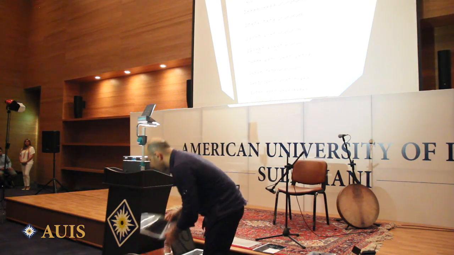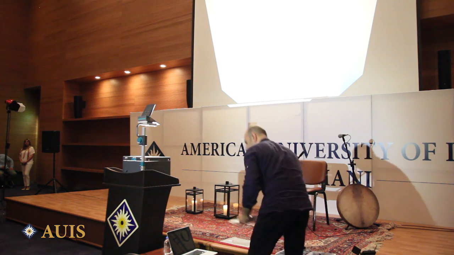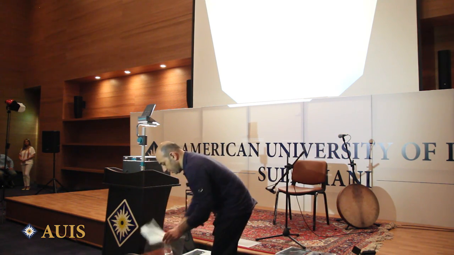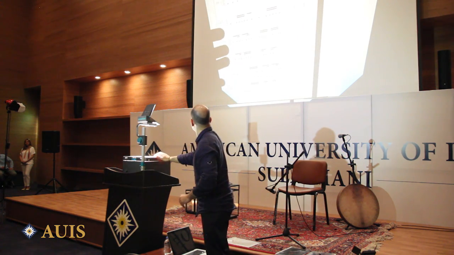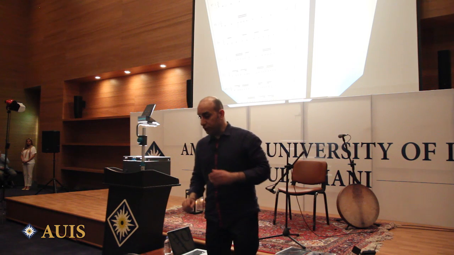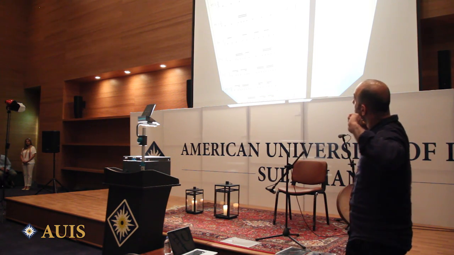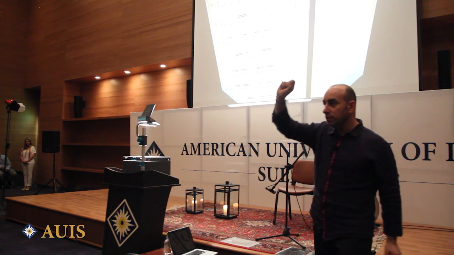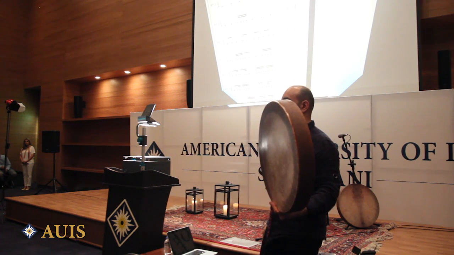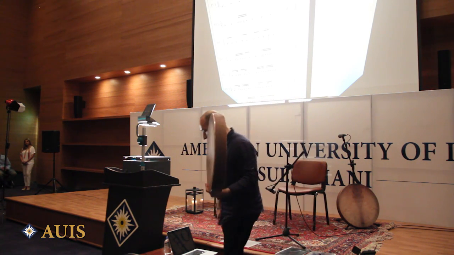Now, there is another system for writing for the daf, which is also interesting. Here, you have one stave, one line, okay? The circle means the chains. Clear?